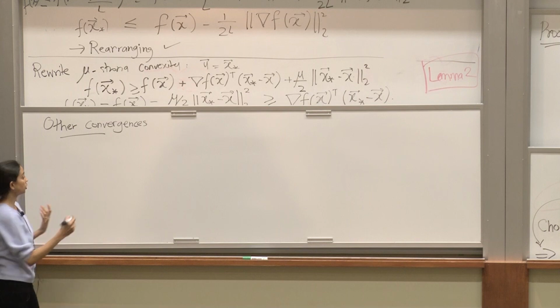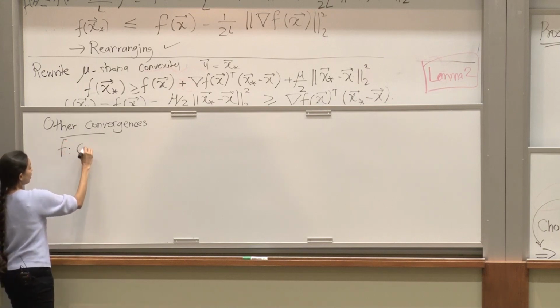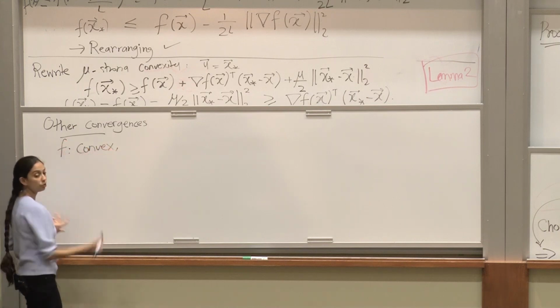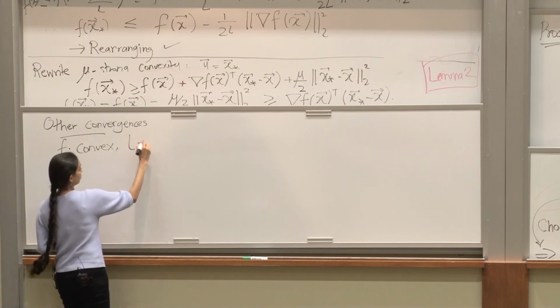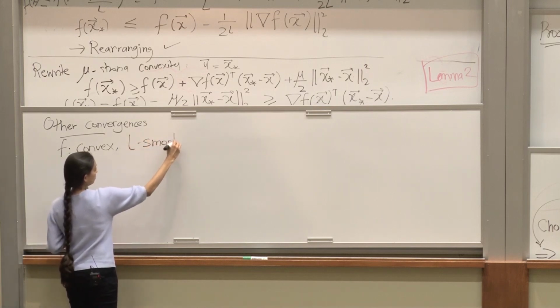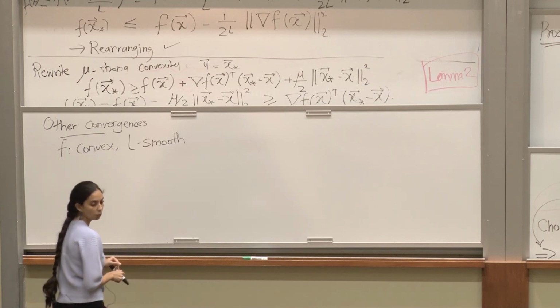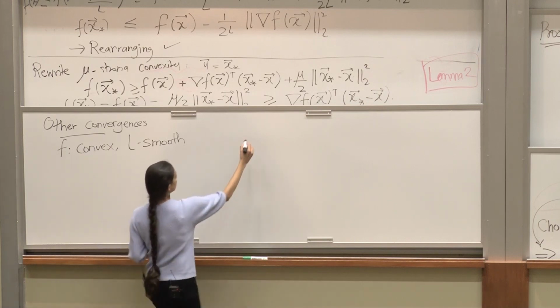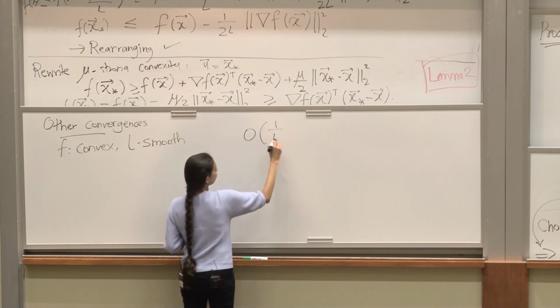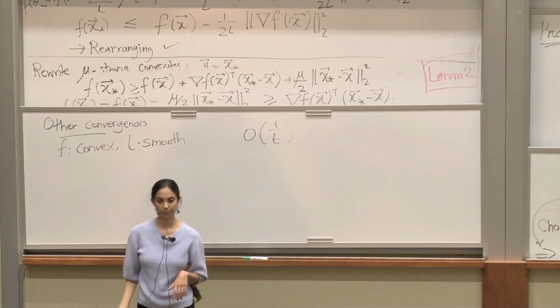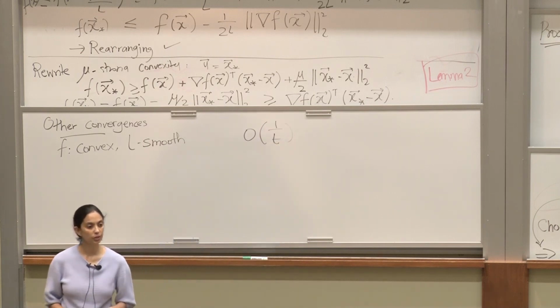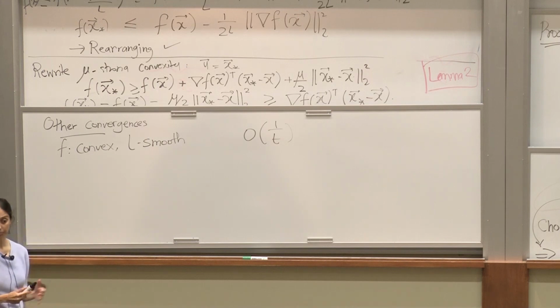But if you had a function that was convex, and all you knew about it was that it was L smooth, okay? Then what you would see is that you could get a convergence that's of order 1 over t. Okay? So you will converge slower than what you might if you also had mu strong convexity.